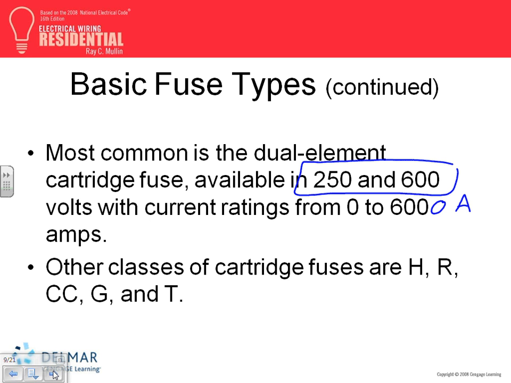You can buy the cartridge fuses, these big boys, all the way up to 6,000 amps. Different types, you'll see CC and G and T. These are all different types. Is it a current limiting fuse? Is it a time delay fuse? Is it dual element? What characteristics do I want this fuse to do?